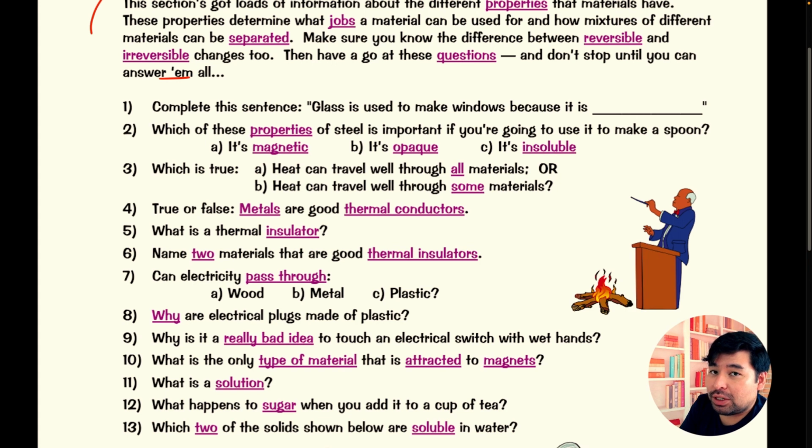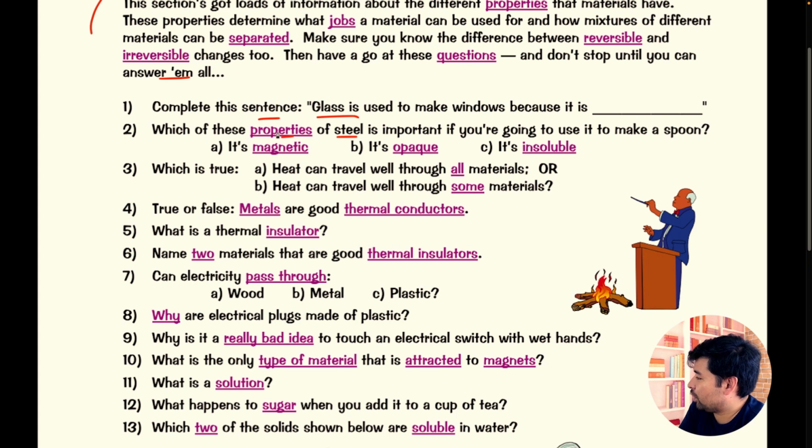We use it to have soup, for example. So which of these properties of steel? Again, properties of steel. I hope you know the meaning, because if you don't, it's going to make it difficult for you to understand that. Again, if you don't know, go back to the page before. So is it A, B, or C?